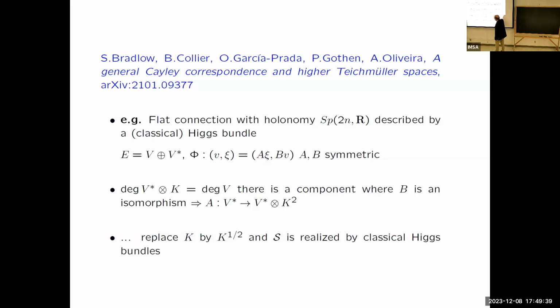And if you look at this component, then you can reduce this whole question to ordinary Higgs bundles with values in k squared. But obviously, if you replace k by k to the half, if we look at Higgs bundles with this shape but with values in k to the half, then the moduli space is going to be ordinary.